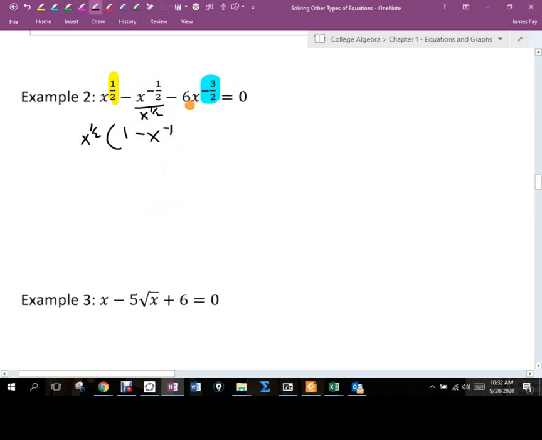And then here, I will have negative 3/2 minus negative 1/2. So it'll be negative 3/2 plus 1/2, which is negative 1, right? So we get minus 6x to the negative 1.